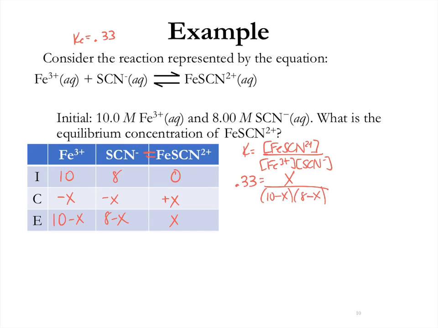Now, if you see what we're doing here, we're going to have to combine this. I think it's called a binomial. I can't remember, but math it to simplify here. So 0.33 equals x over 80 minus 18x plus x squared.